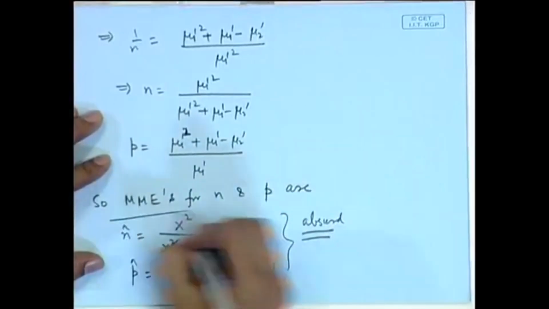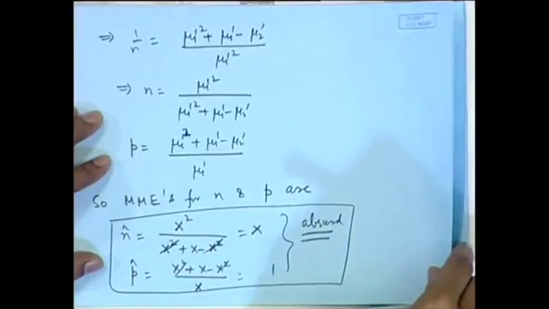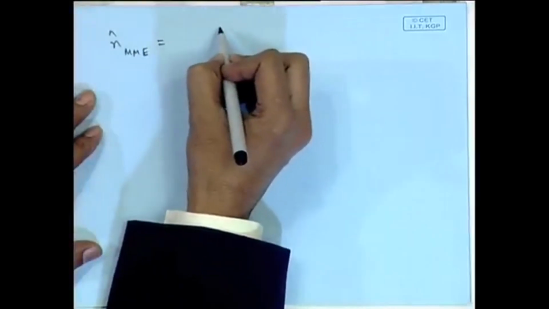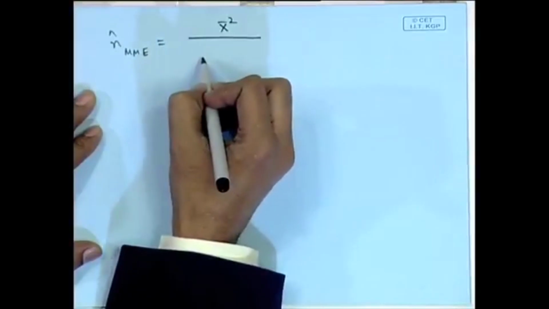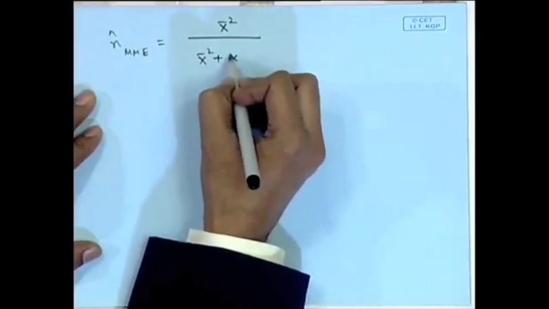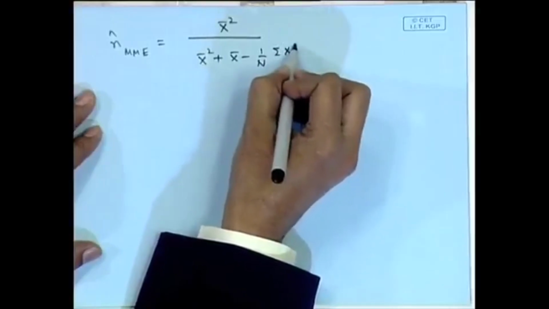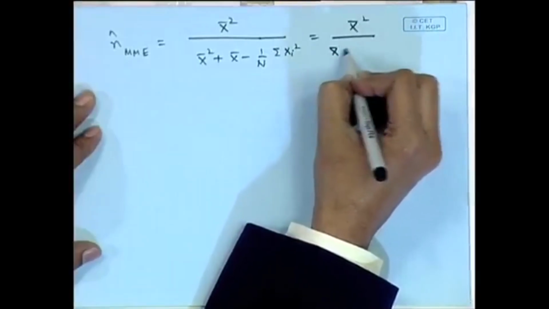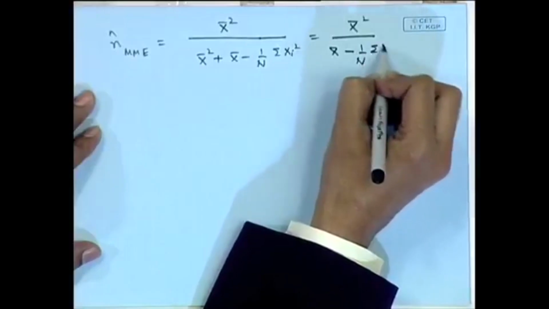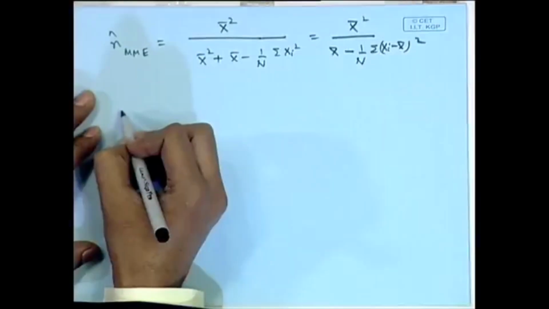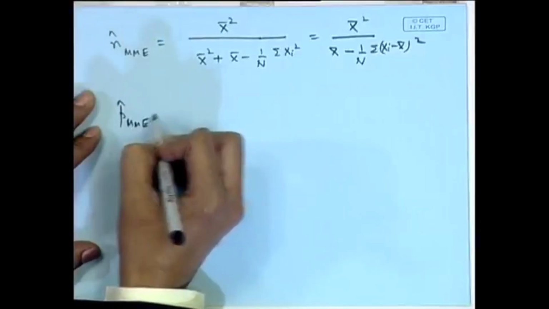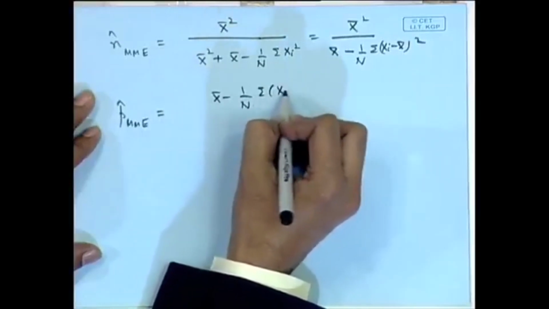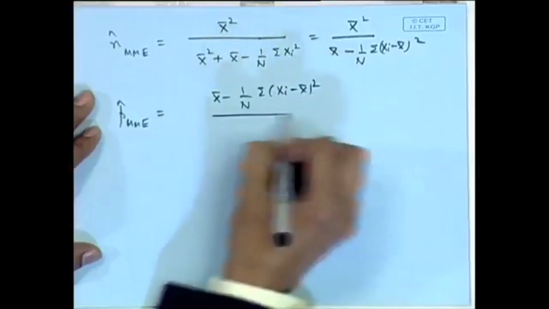So, here the MMEs will be n head MME is equal to x bar square divided by x bar square plus x bar minus 1 by n sigma x i square, which we can also write as x bar square divided by x bar minus 1 by n sigma x i minus x bar whole square, and p head MME will be equal to x bar minus 1 by n sigma x i minus x bar whole square divided by x bar.